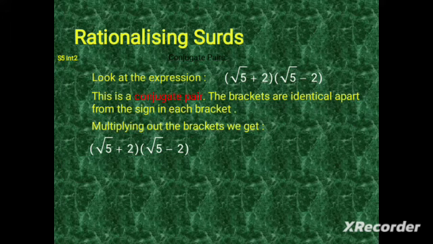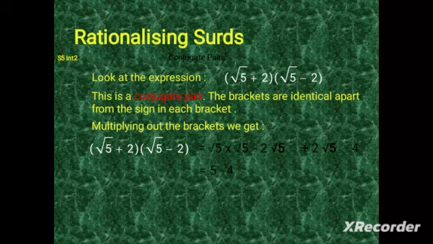But now we want to try a different approach, whereby we expand. So when we take root 5 plus 2 times root 5 minus 2 and expand it, we'll get 5 plus 2 root 5 minus 2 root 5 minus 4.